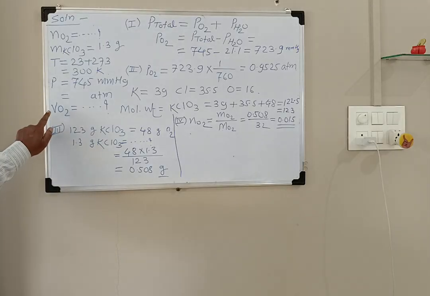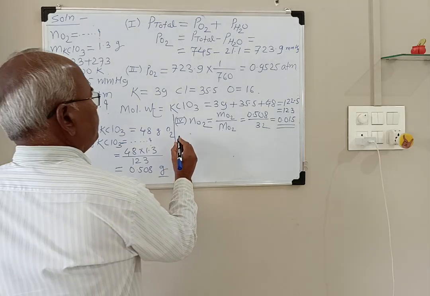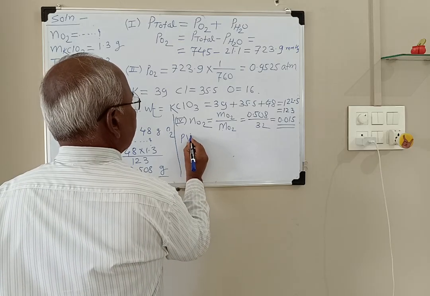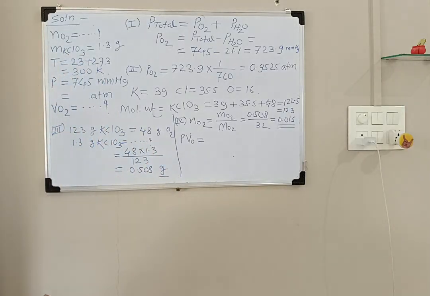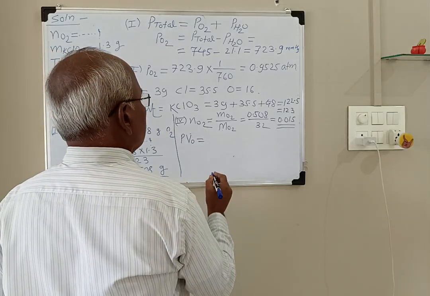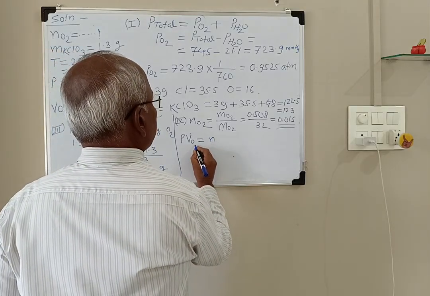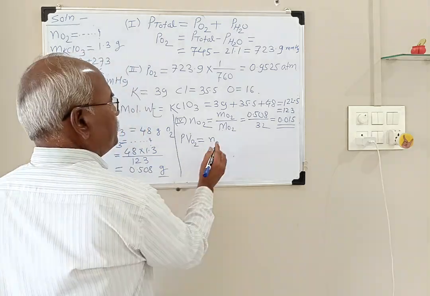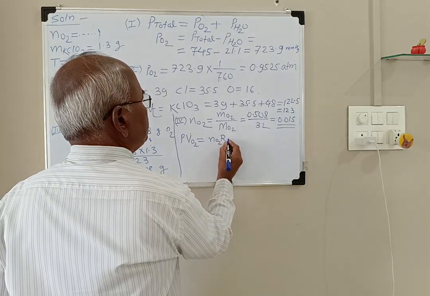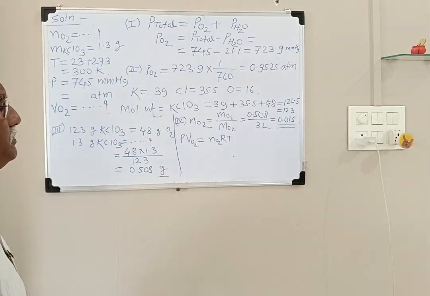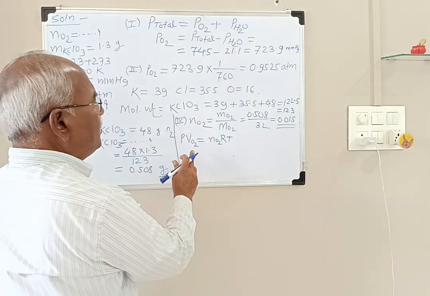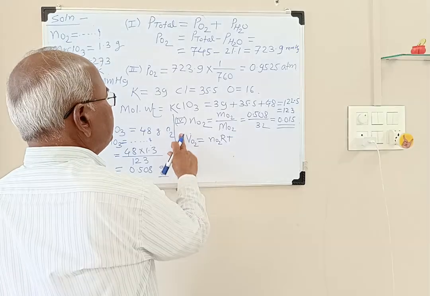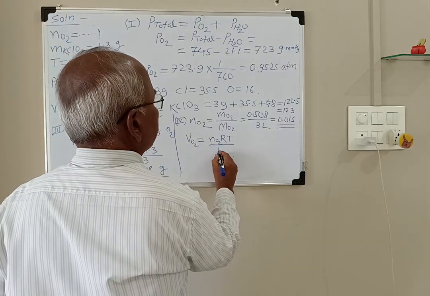They asked the volume of oxygen. You know the relation PV is equal to nRT, that is, P into volume of O2 is equal to n of O2 into RT. We have to calculate the volume of O2. Therefore, take this P to the right hand side.